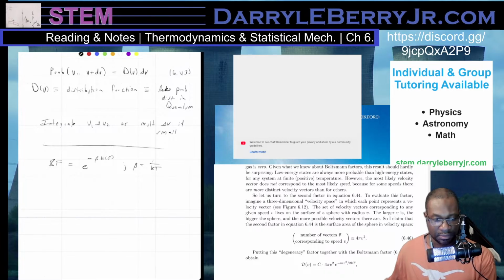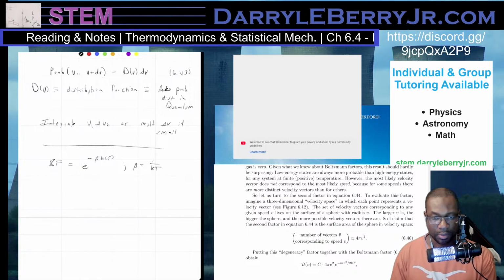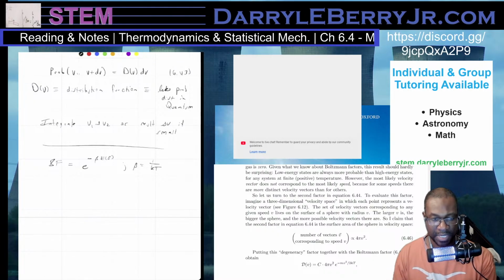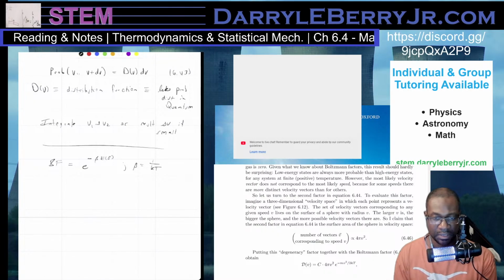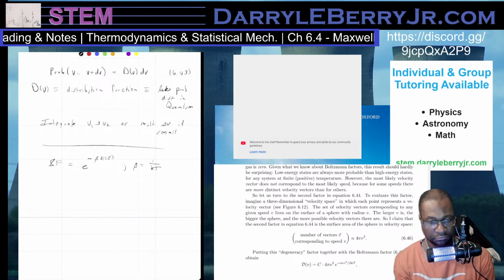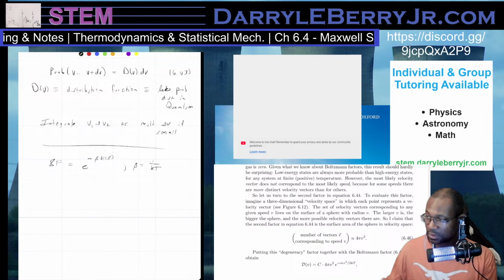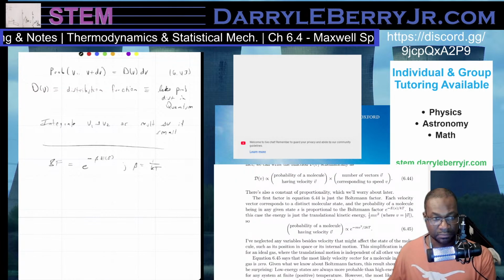We're talking about the sphere again. It's like with momentum. The larger v is, the bigger the sphere and the more possible velocity vectors there are. So I claim that the second factor in equation 6.44 is the surface area of a sphere in velocity space. That makes sense.